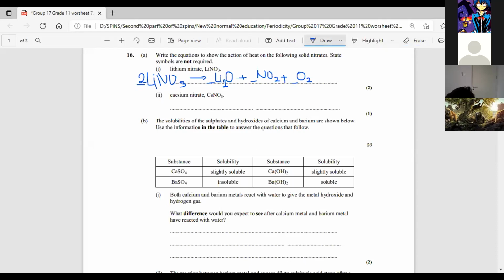Lithium oxide is 1. Then nitrogen dioxide.